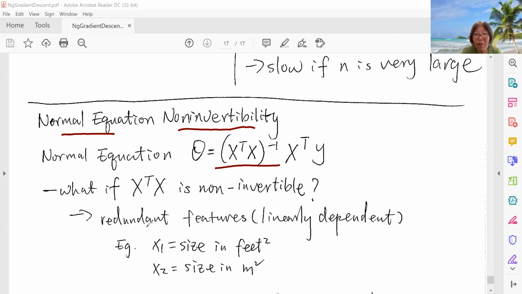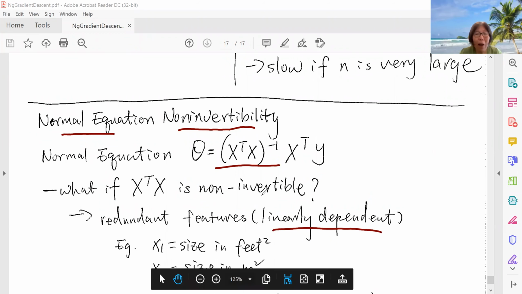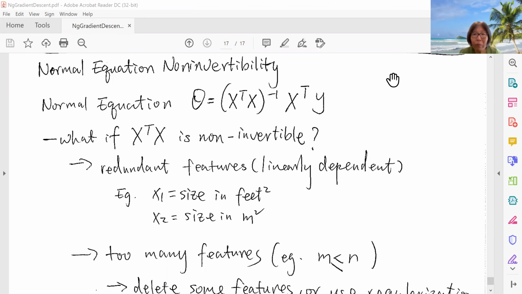Sometimes you have redundant features that are linearly dependent. Like in house price prediction, if you pick features like size in square feet and size in square meters, these two features are linearly dependent. When you try to calculate the inversion of the matrix, it's non-invertible. So that's one case.